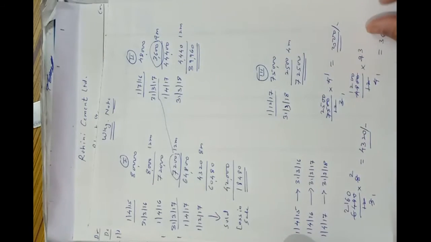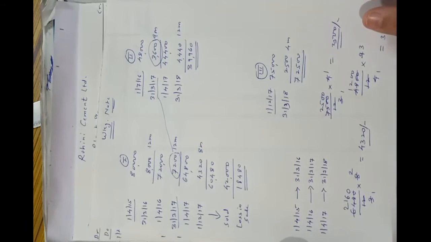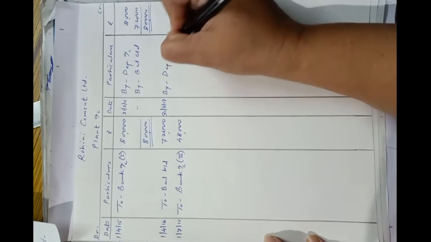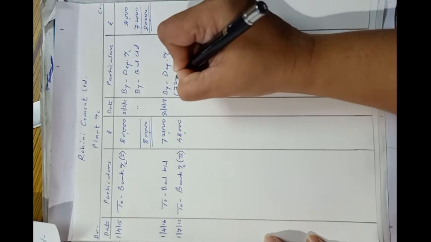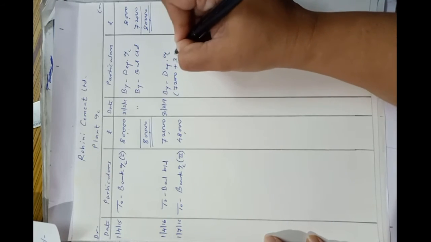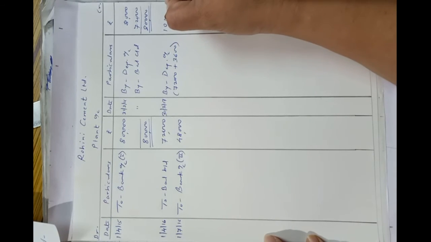So total depreciation will be 7,200 plus 3,600, that is 10,800. Understood? So here I will write by depreciation account: depreciation on first machinery 7,200 plus depreciation on new machinery for 9 months 3,600. So it is 10,800 total depreciation.